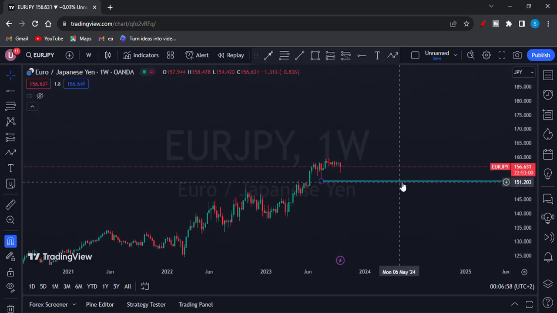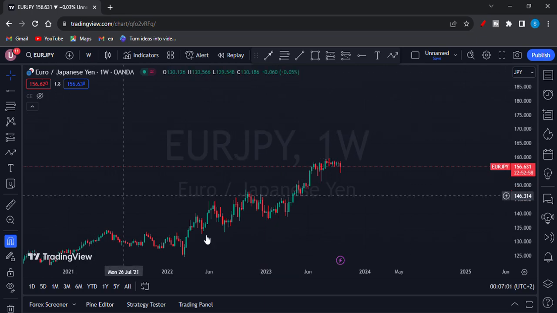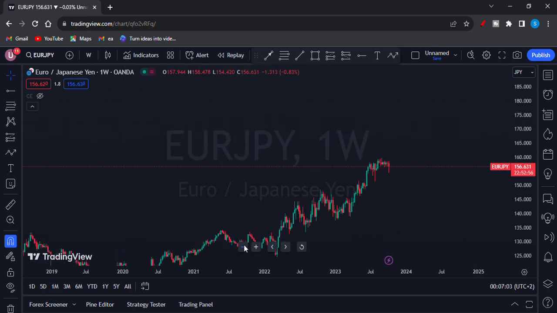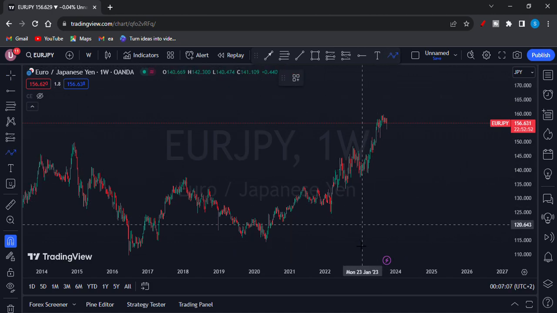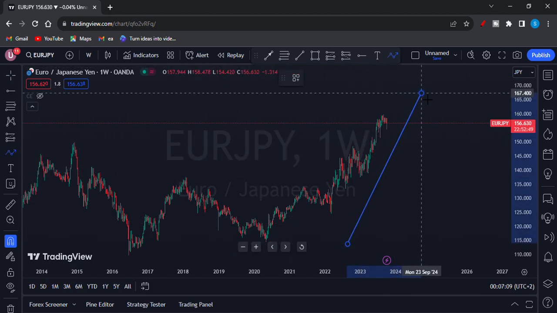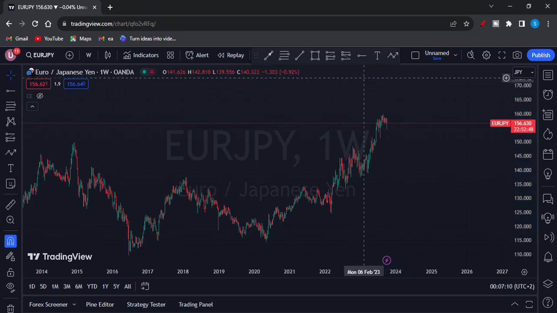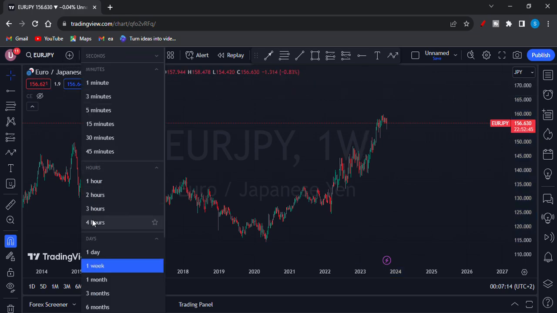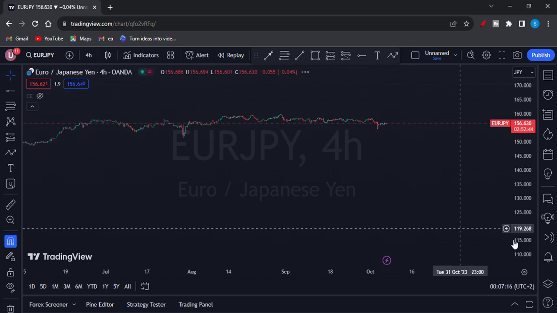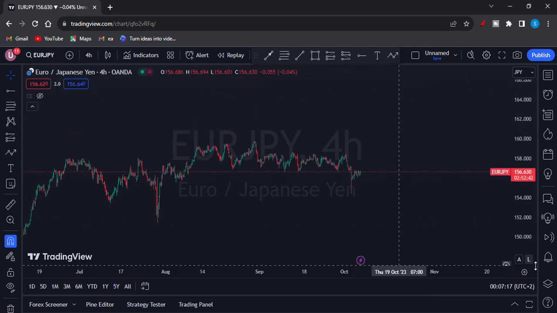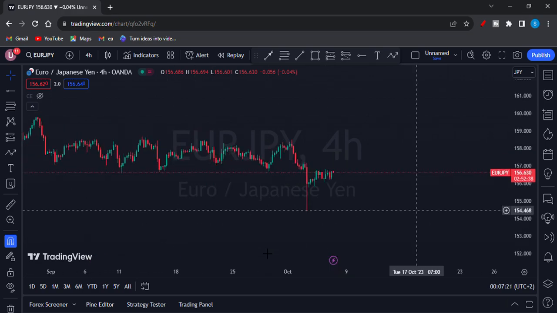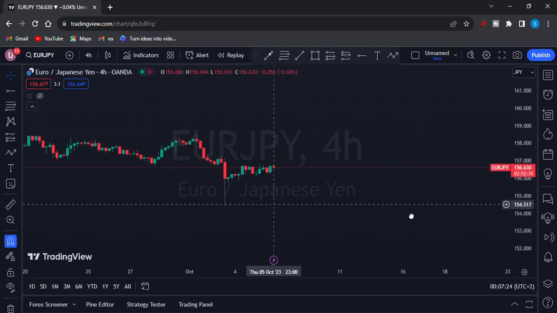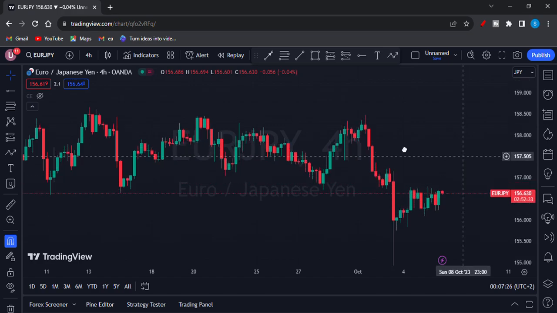Okay, so let's go to EURJPY, and then on a weekly. So I've got to delete this. So let's find the overall trend. So for EURJPY on a weekly, we are on an uptrend. And then let's go to our 4 hour. Then let me just zoom in this so that we can actually see what's happening.